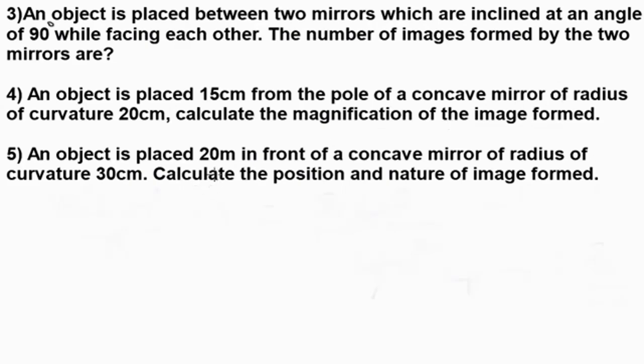Now I want to say something about the concave mirror. I want you to take note of it. A concave mirror has a real principal focus, hence the focal length is positive. Note again that it forms either a real or a virtual image depending on the position of the object. If it forms a real image, then the object distance, which is our u, and the image distance, which is our v, from the mirror are both positive.